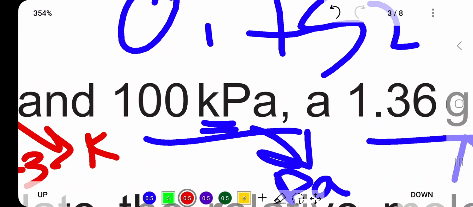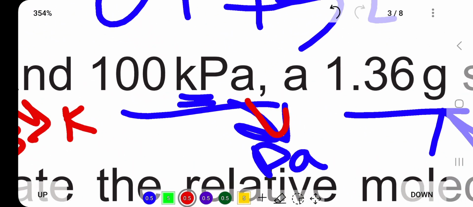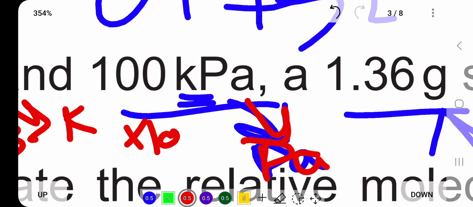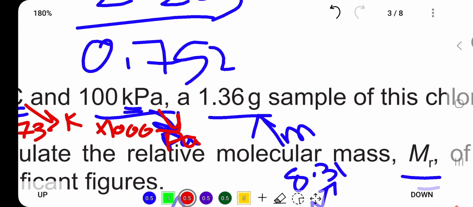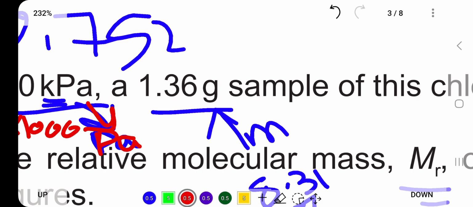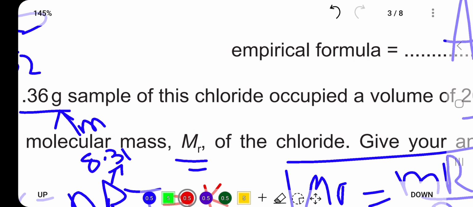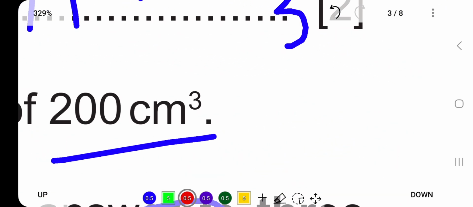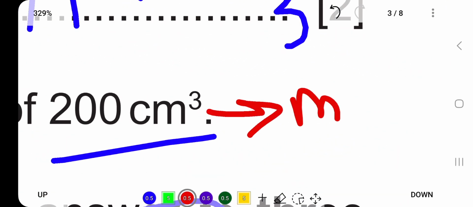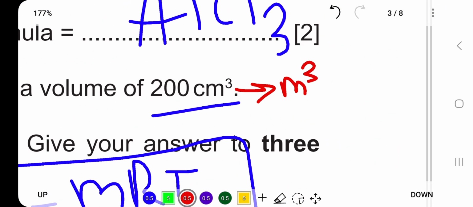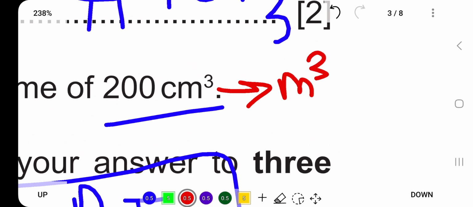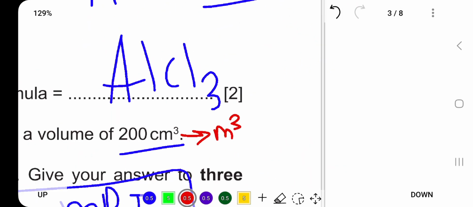Now 100 kPa, you want to change kPa into Pa, so multiply by 1000, again learn them. Gram is gram. Anyways, 200 centimetre cubed, you need it in metre cubed, centimetre cubed to metre cubed. You need to learn this once again.